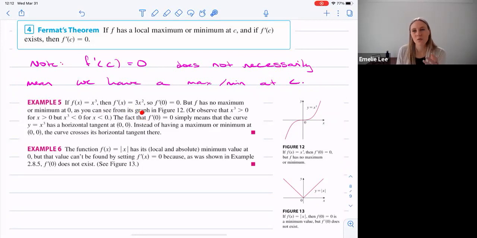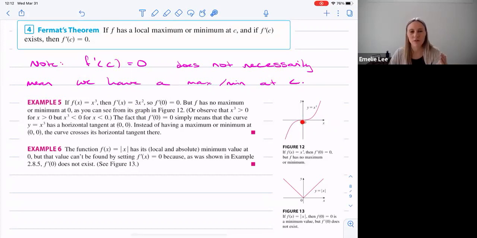So this thing is going to be 0 at x equals 0, right? If I plug in x equals 0, I get 0. So if we just went at it blindly, we would say, oh, x equals 0 is a minimum or a maximum. But like we said here, just because we found that the derivative is equal to 0 doesn't necessarily mean that we have a min or a max.